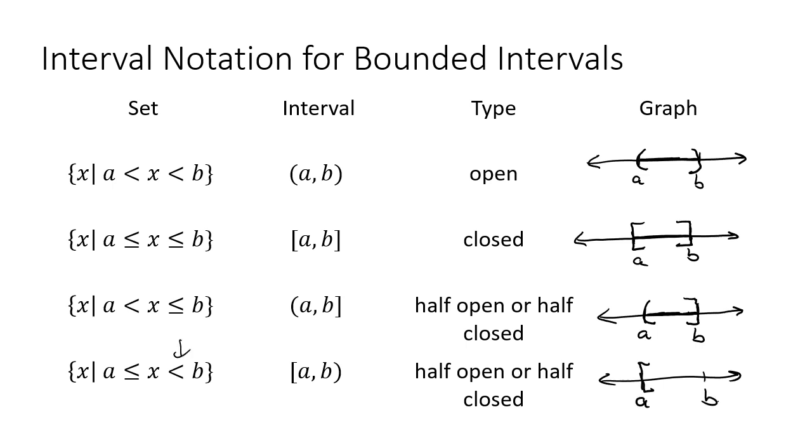And if b has the strict inequality symbol, it gets the parentheses because it is not part of the solution. And so that would be from a included to b not included. And this one would have the same name of half open or half closed.